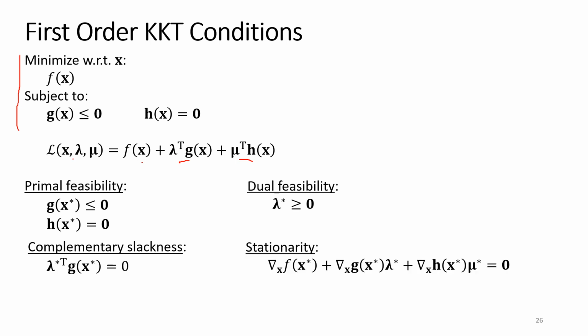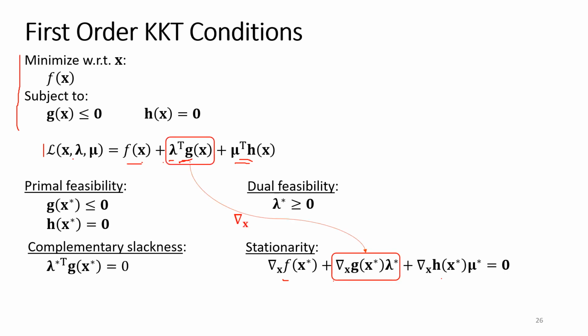And the stationary condition is when we differentiate the Lagrangian with respect to x, and knowing that the Lagrangian has three terms, we can differentiate the three terms separately, and that must be equal to 0. From the previous slide, we saw how to differentiate a vector transpose times a vector function, which is the case with this and with this term.